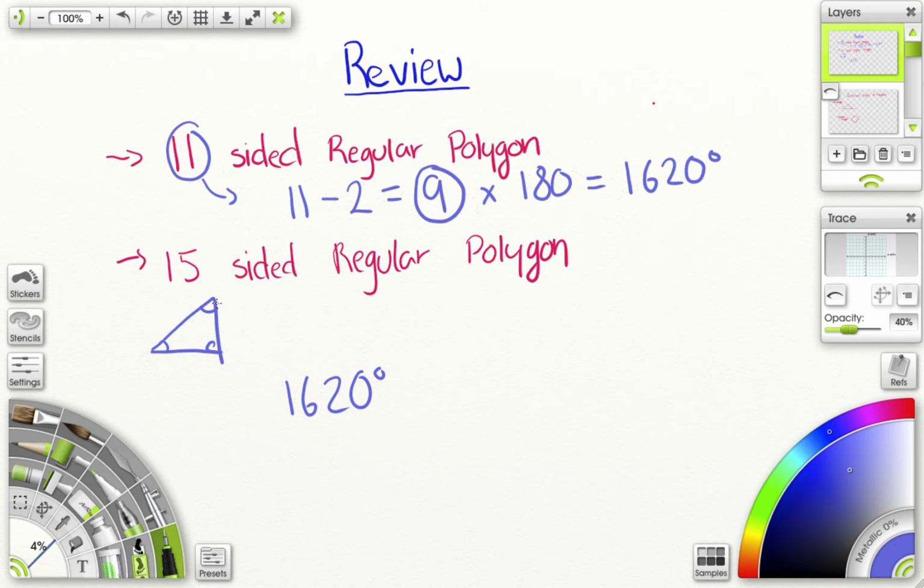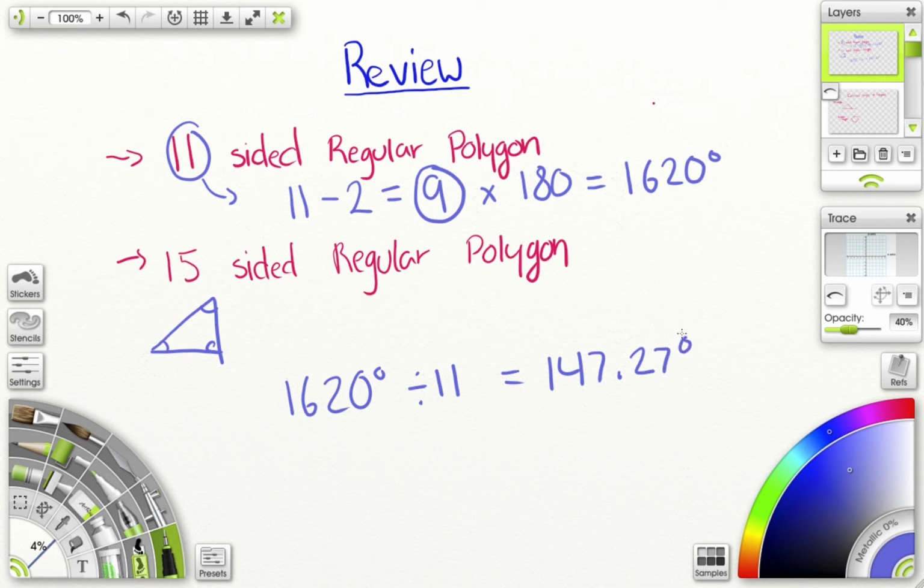So I take 1620 and I divide it by 11, and this will give me each individual angle. So 1620 divided by 11 gives me a decimal number, 147.27 degrees.